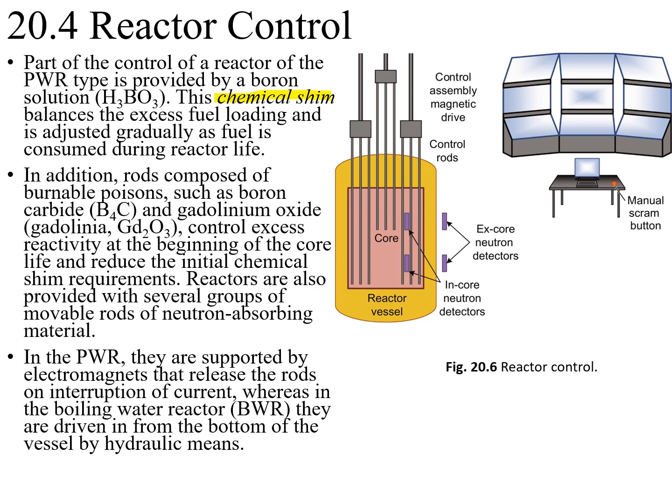This one can balance the excess fuel loading, and it is adjusted gradually as fuel is consumed during the reactor life. So at the beginning, your fuel concentration is higher, you add more boron. At a later time, your fuel is burned a little, then you can reduce this chemical shim a little bit in order to control this reactivity.